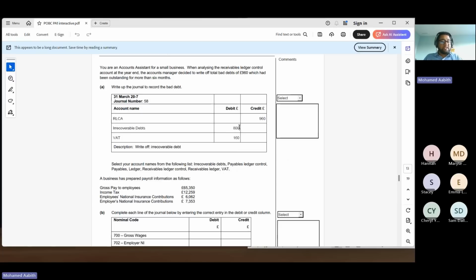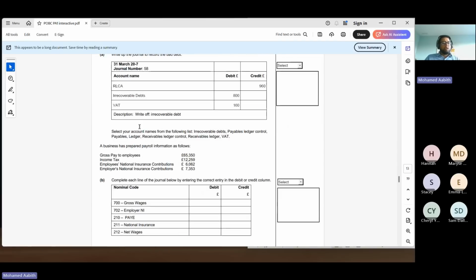This is your expense, which goes in your profit and loss account. This £160 will go into your VAT account as recoverable VAT, and you lose £960 of your assets. So this is the reason for writing off an irrecoverable debt.